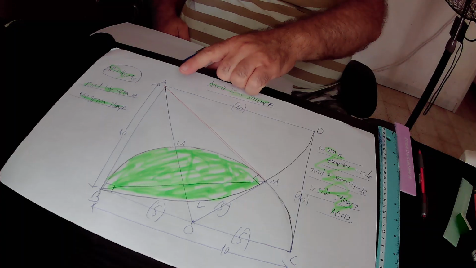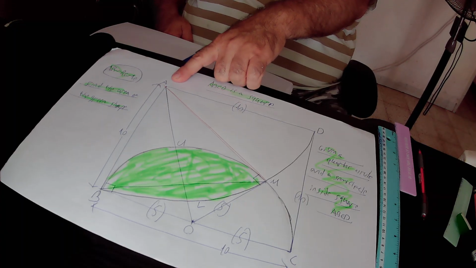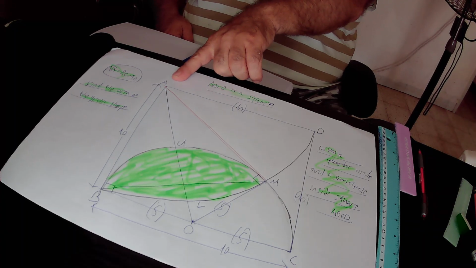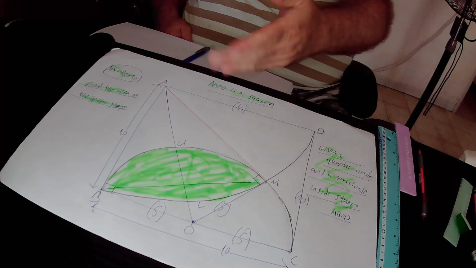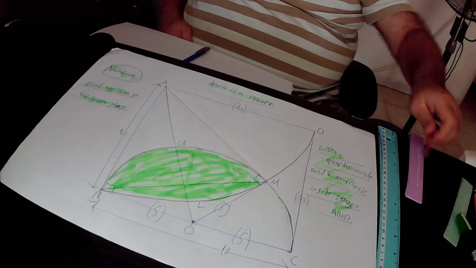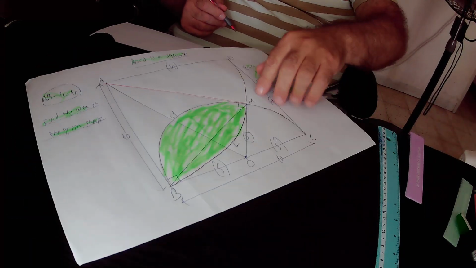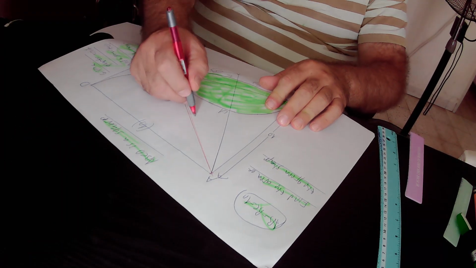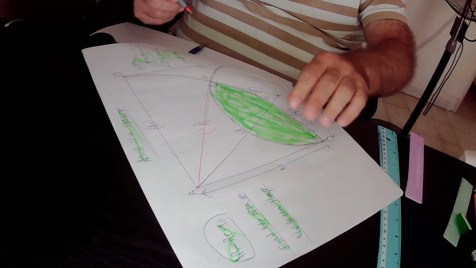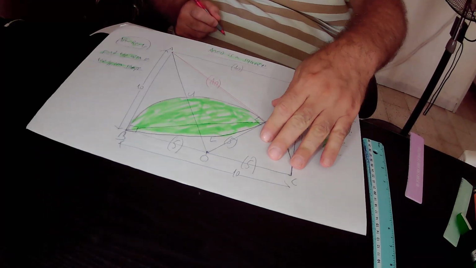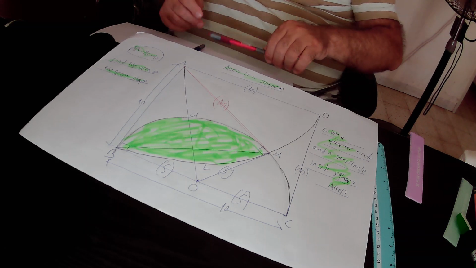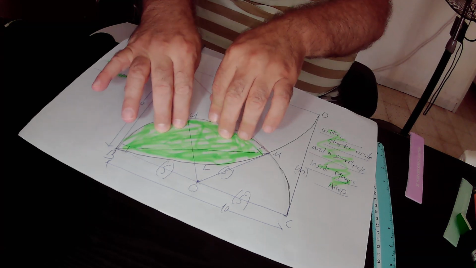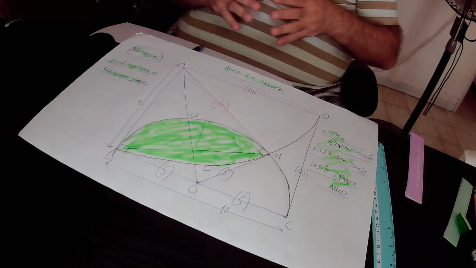We know that point A is the center of the quarter circle, and point M is a point on the quarter circle itself, therefore AM is the radius of the quarter circle, equal to 10 units. In the next step, we'll prove that those two right triangles are congruent according to the side rule.